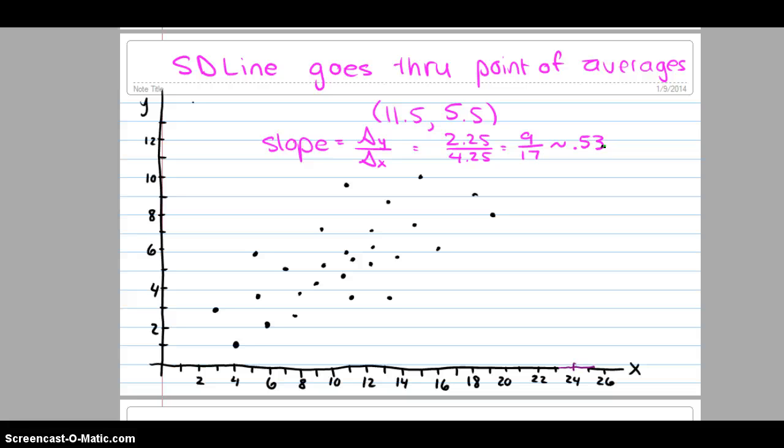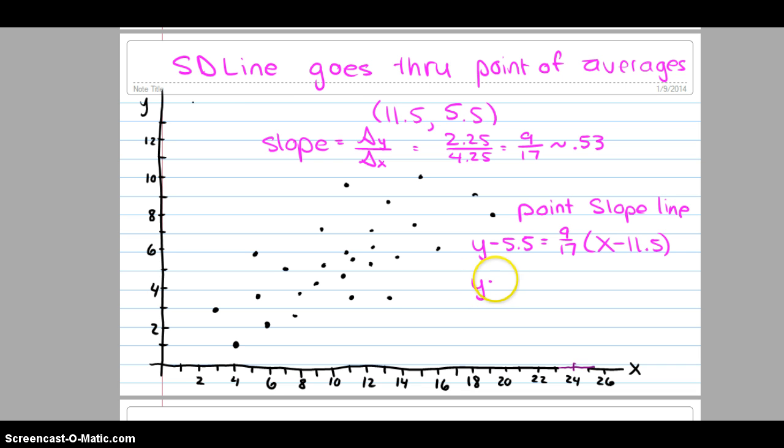If you recall your point slope formula from intermediate algebra, which was a prerequisite of this class, that says y minus the y coordinate of the point we know on our line, that would be the 5.5 guy, equals the slope, 9/17, times x minus the x coordinate of the point we know that our line goes through.